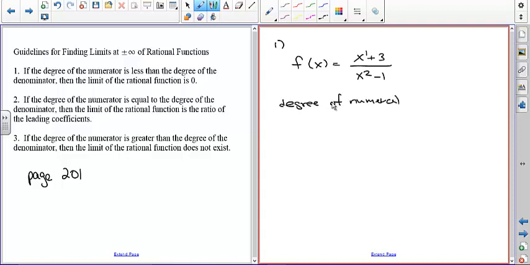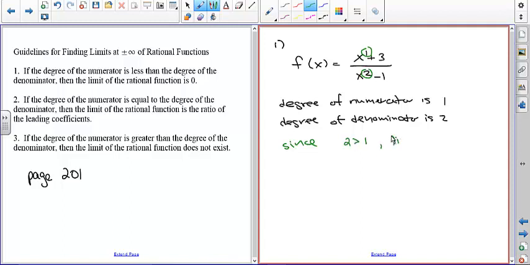The degree of the denominator is 2. We're talking about the exponent of the term with the highest positive exponent. So since 2 is greater than 1, the limit of this function as x approaches infinity equals 0.